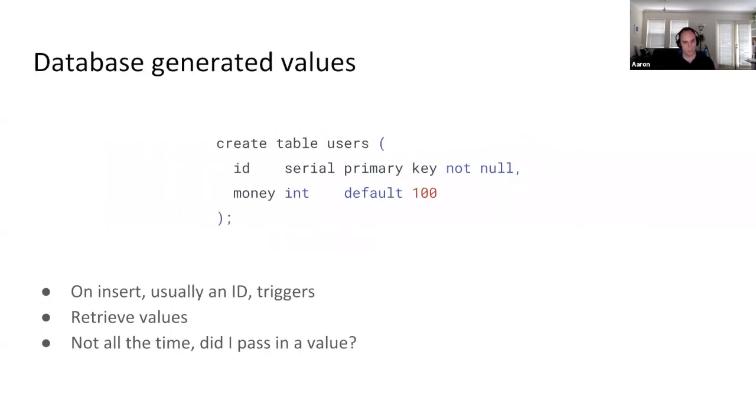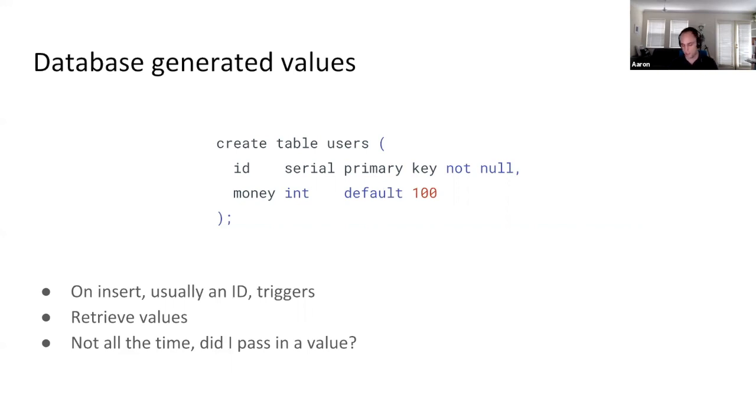So the last one that we are looking at, we said that created at value came back out of the database. Well, this is a problem. These default values, this is a table here, this users table, which has an ID and it has money. Both of these things are created by the database if not provided.